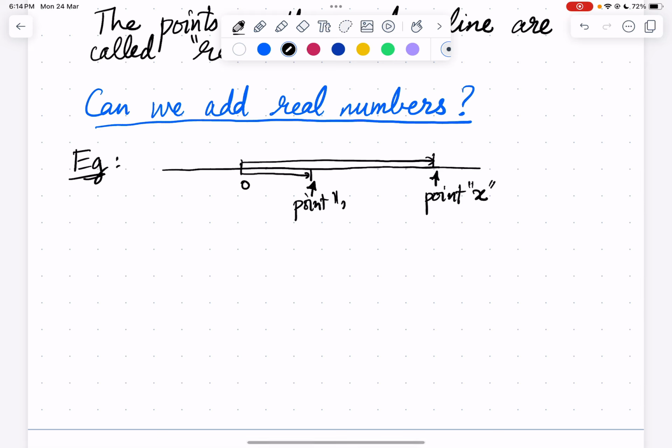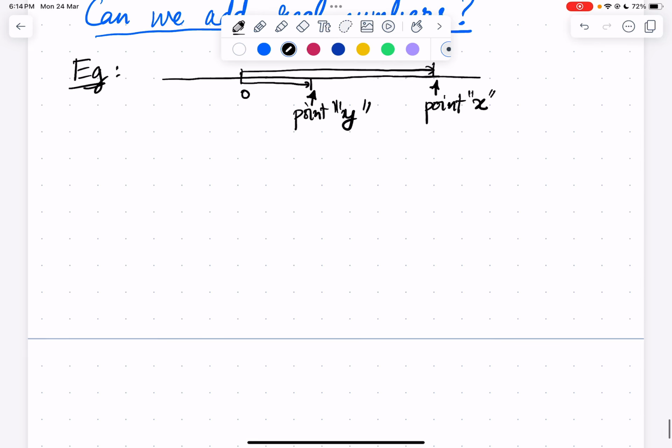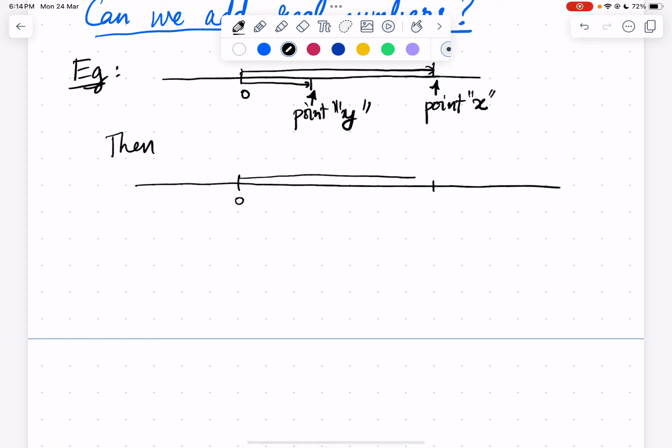Then what is x plus y? On the number line, if we take the same point x and then move further, like so, add y, so to speak, then you'll get to this point. This point is x plus y, right? So you're adding y to x.